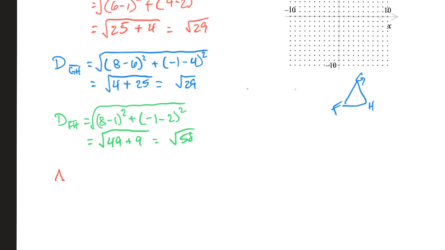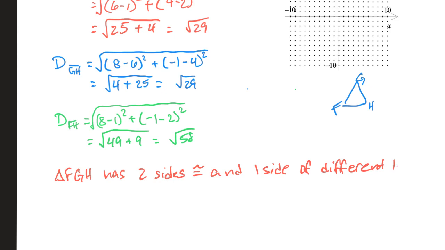So I have triangle FGH has 2 sides congruent and 1 side of different length. Therefore, triangle FGH is isosceles.